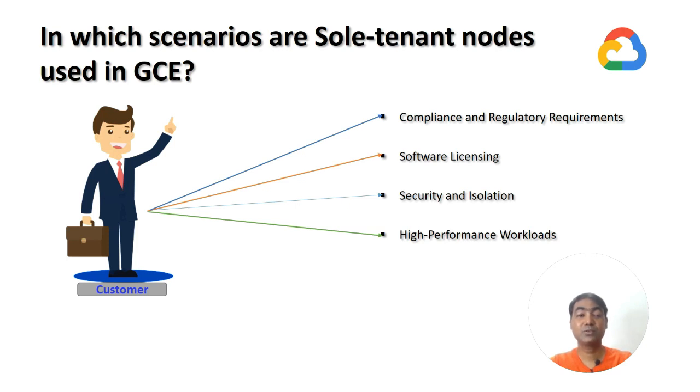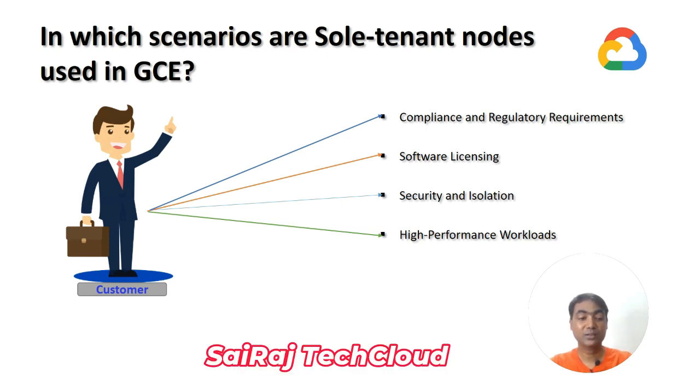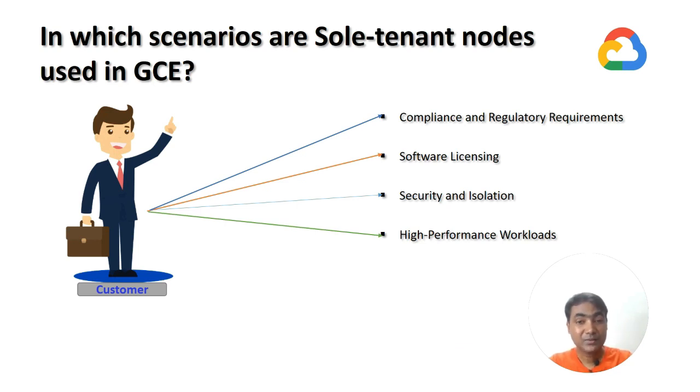They provide exclusive access to a physical server, making them suitable for the following use cases: compliance and regulatory requirements, software licensing, security and isolation, high performance workloads, and applications with custom resource requirements. Guys, industries with stringent compliance standards such as healthcare, finance and government may require dedicated hardware to meet regulatory obligations.